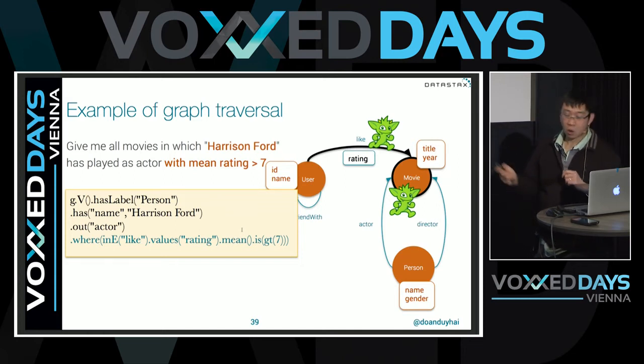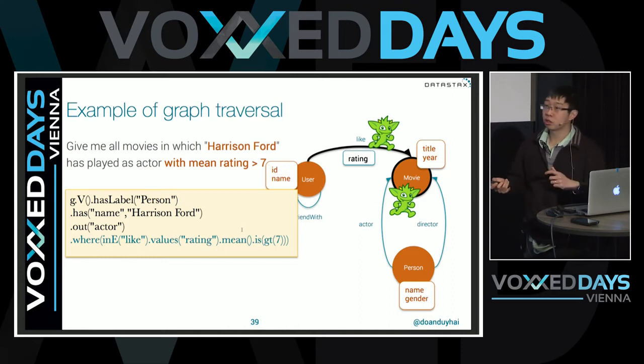Now I say where in edge like: take all the incoming edges with label like, fetch the value rating, compute its average value, and put a condition on this average value. So I want only average rating greater than 7.